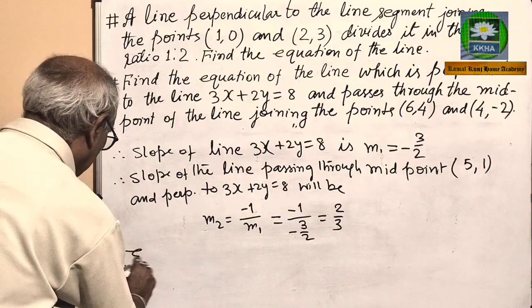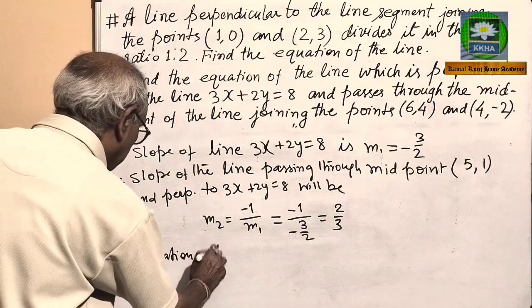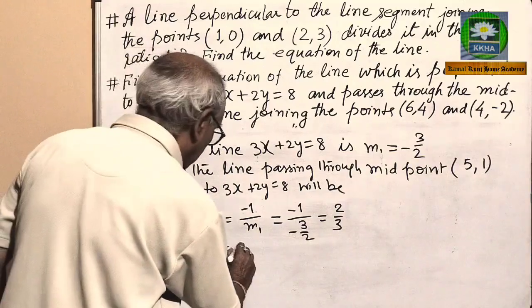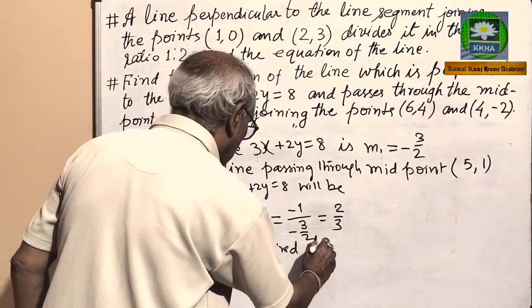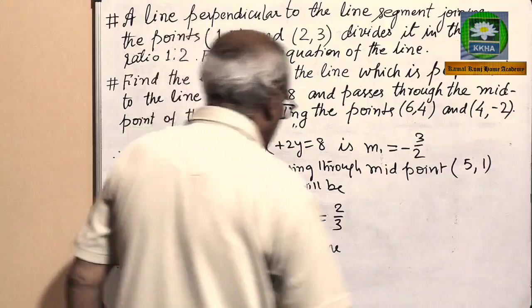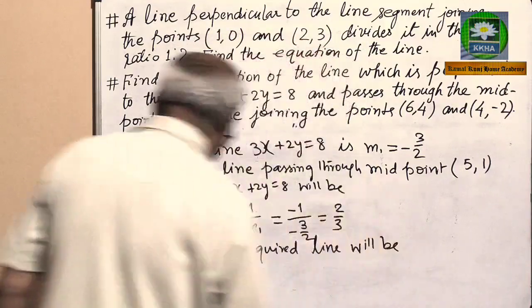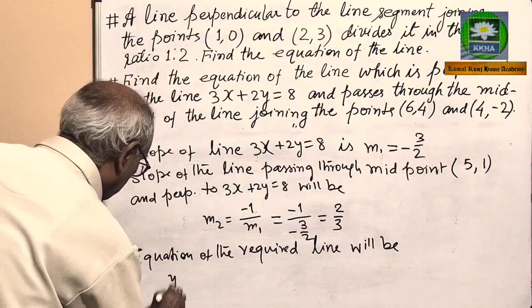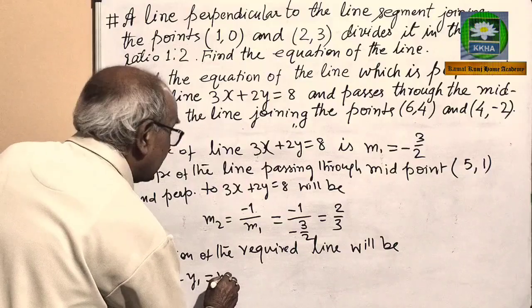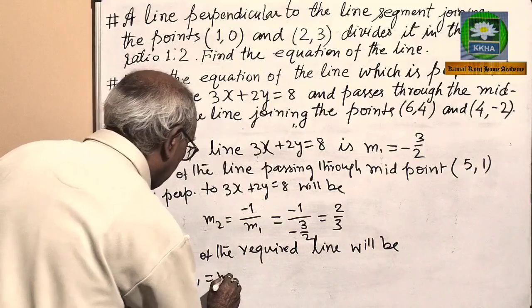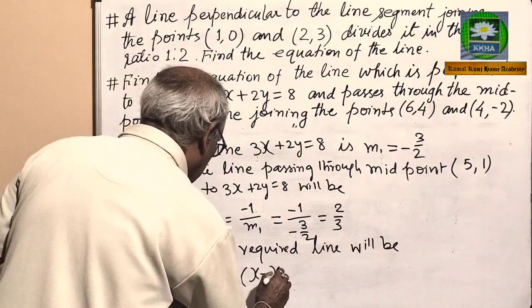Therefore, the equation of the required line will be y - y1 = m into (x - x1).